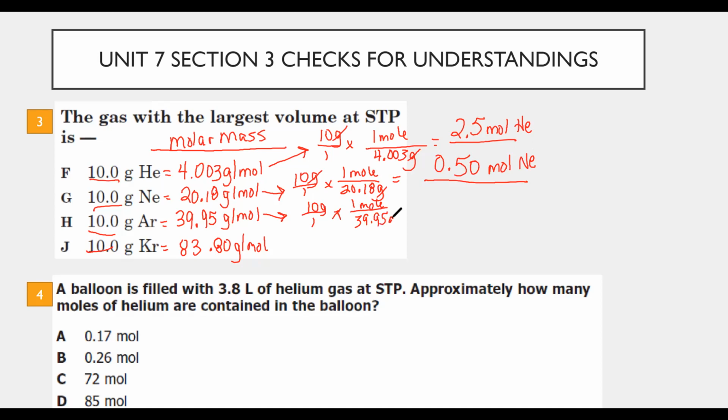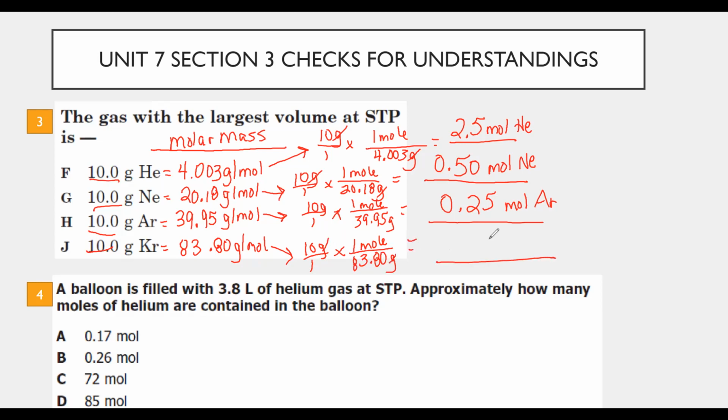You can almost see the pattern, so you probably don't have to continue doing this, because each time we go down, it gets a little smaller. But we're going to work through them all. 10 grams of krypton, 1 mole is equal to 83.80 grams. Grams cancel, and we end up with 0.12 moles of krypton.